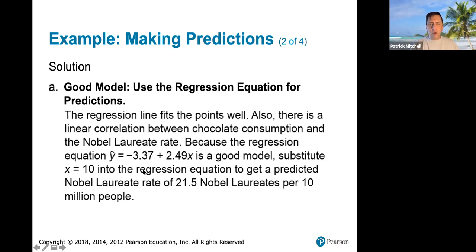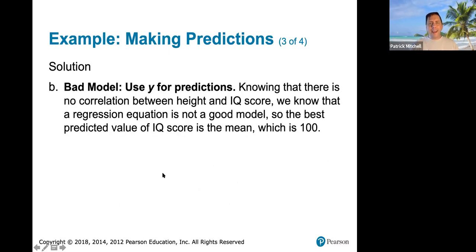You see how that would work, right? You would just replace X with 10. So 2.49 times 10 is 24.9. 24.9 minus 3.37 gives you approximately 21.5 Nobel laureates per 10 million people.